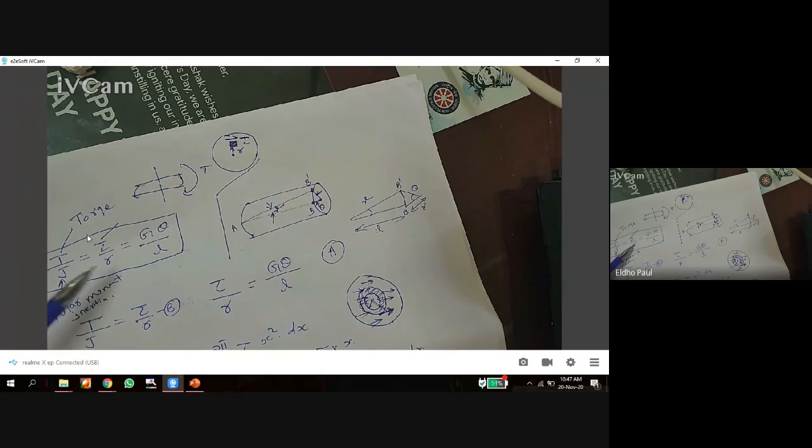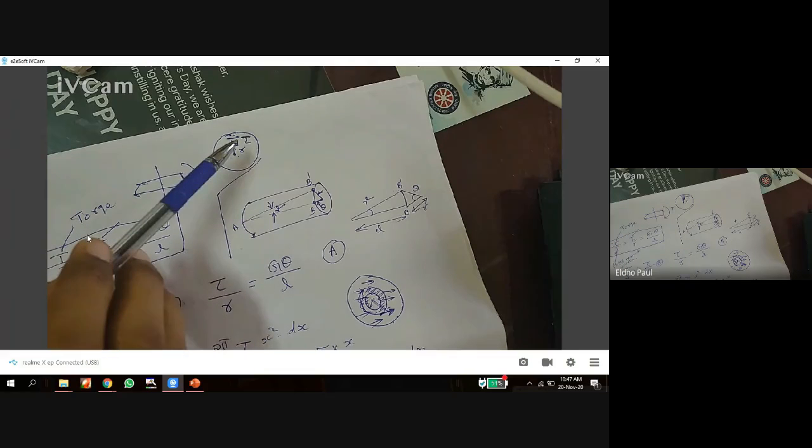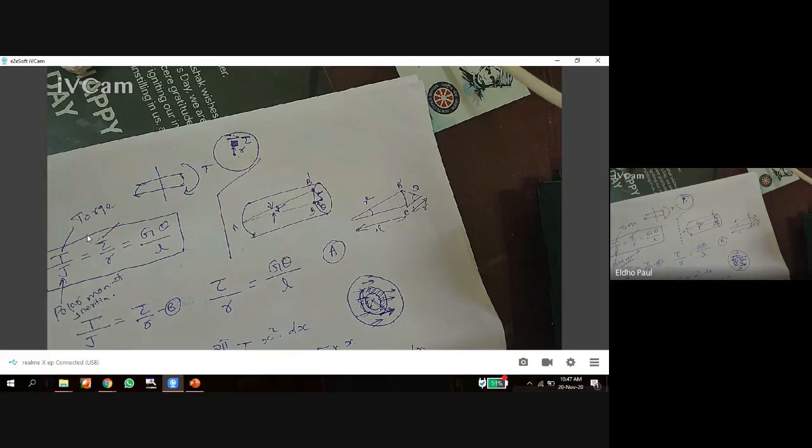It is the distance from the center to the element which we are considering to calculate this tau value.